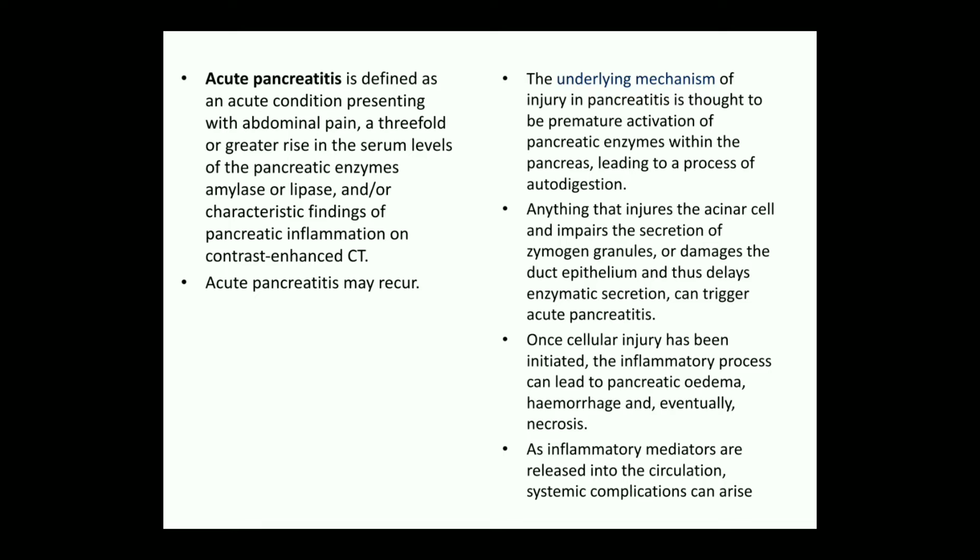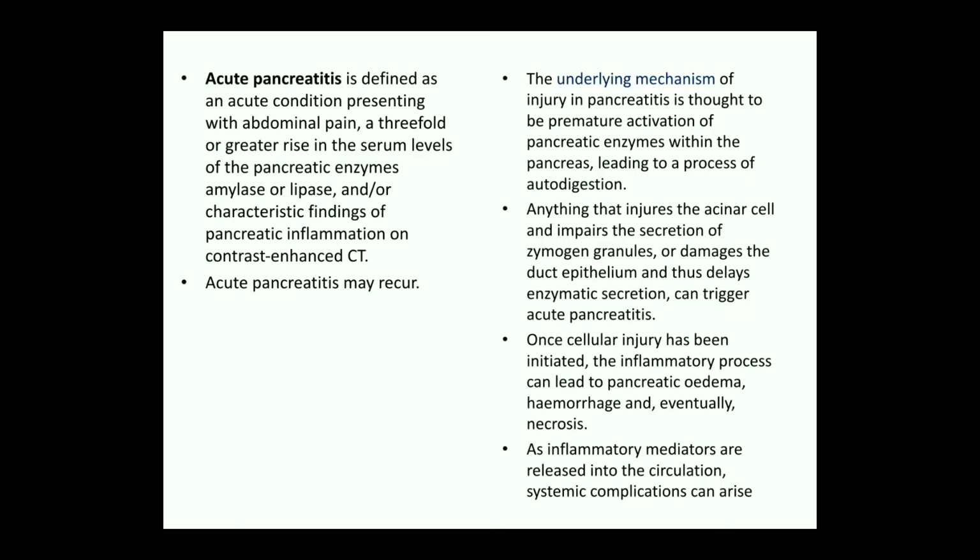So the underlying mechanism of injury in pancreatitis is thought to be because of the premature activation of the pancreatic enzymes within the pancreas, which is leading to the process of autodigestion. So anything that injures the acinar cell and impairs the secretion of zymogen granules or damages the duct epithelium and thus delays enzymatic secretion can trigger this acute pancreatitis.